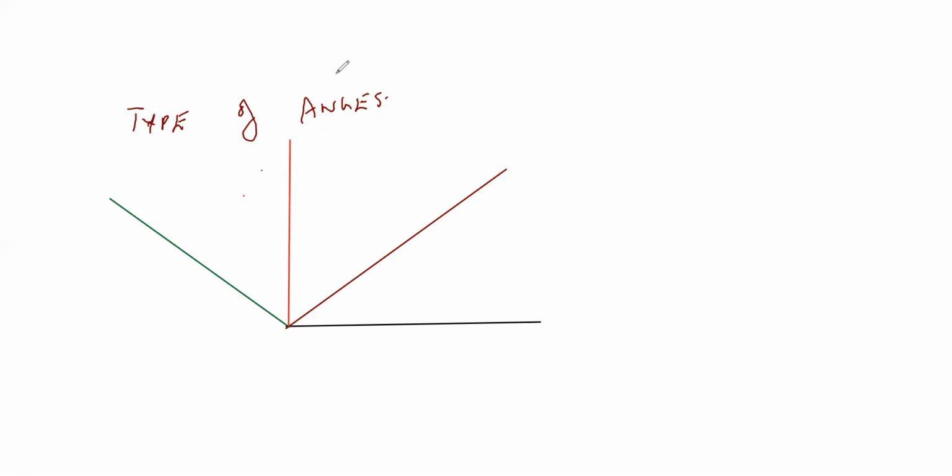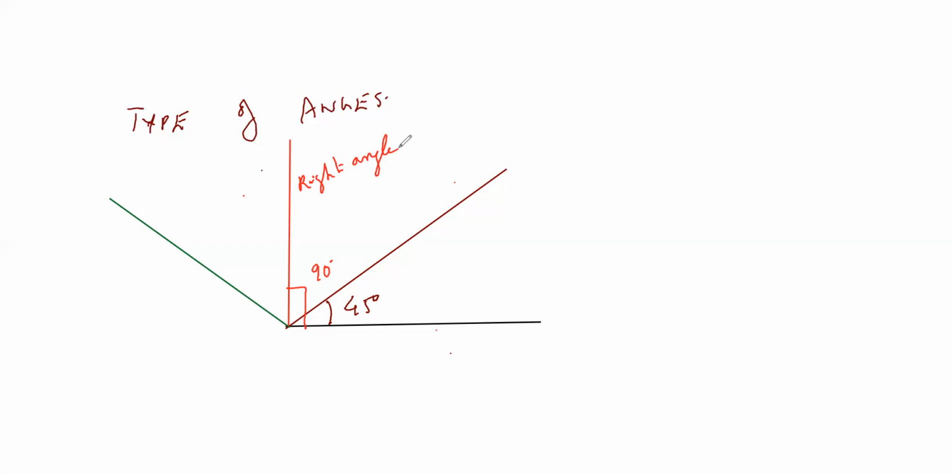First thing is this brown color line, as we can see. Let this be around 45 degrees. Correct? Up, this red color thing is what? 90 degrees. So 90 degrees is called a right angle. Correct? This is a right angle.